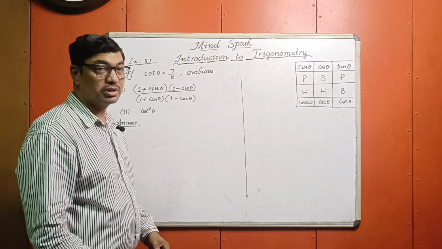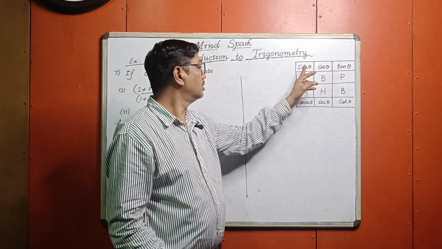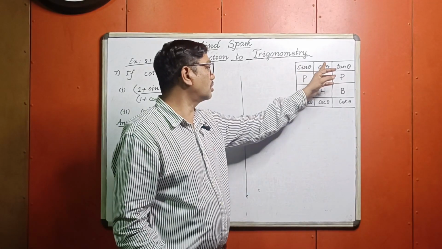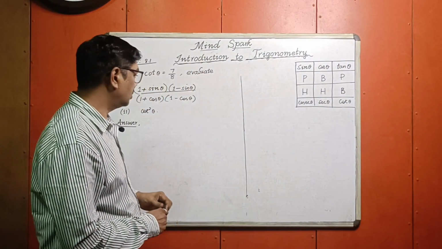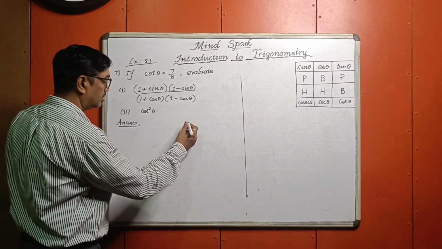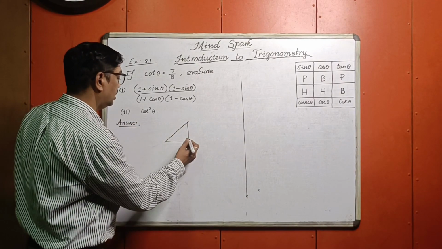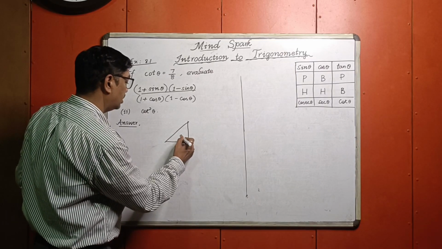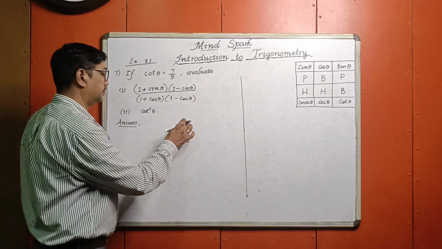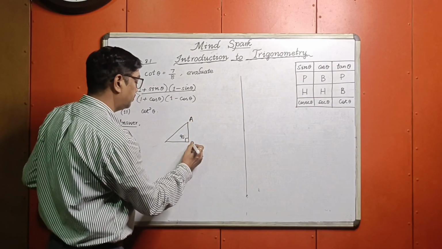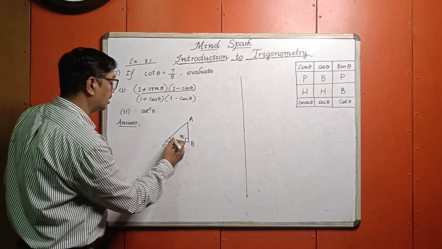Okay, as usual you have to make the table like this. Sin theta is perpendicular by hypotenuse, cos theta is base by hypotenuse, tan theta is perpendicular by base. So for this question, first you make a triangle ABC, and theta is here.